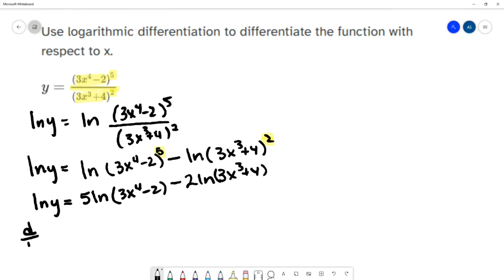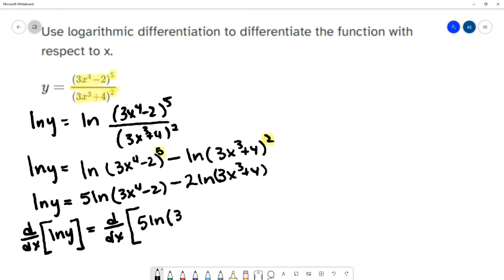So we're going to calculate the derivative with respect to x. We've got the derivative with respect to x of natural log y, and the derivative with respect to x of the whole right-hand side, 5 natural log of (3x to the fourth minus 2) minus 2 natural log of (3x cubed plus 4).